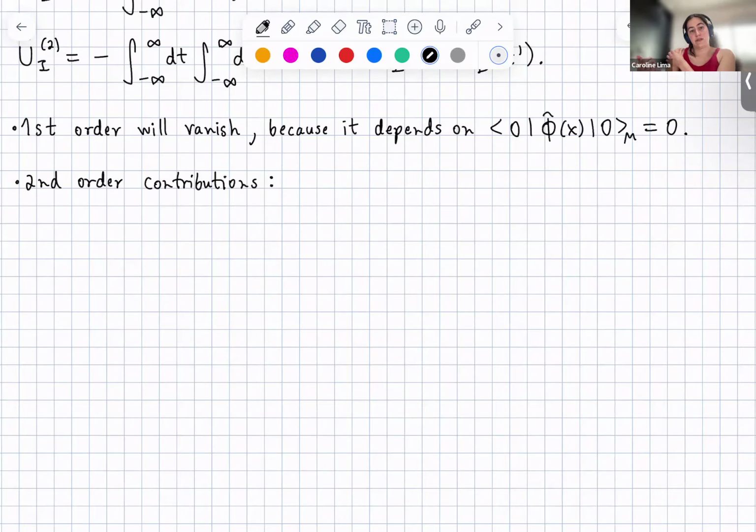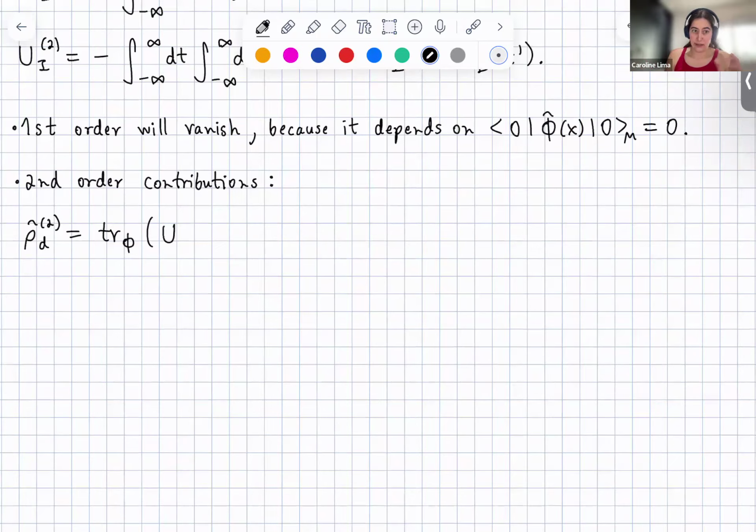Okay, so let's remember that the second order contribution is going to come from, for both detectors, the trace over the field degrees of freedom, remember? And then we're going to have the term that comes with U1 from each side. So U1 from one side times rho 0 U1 dagger.